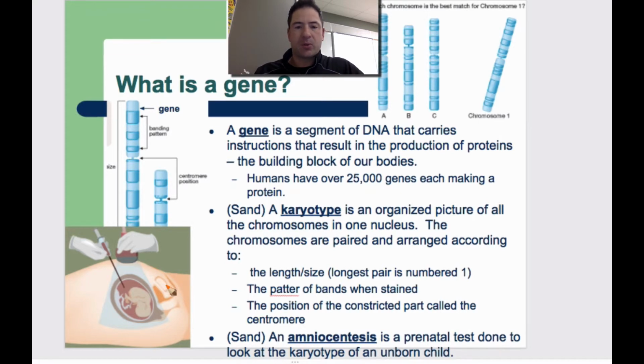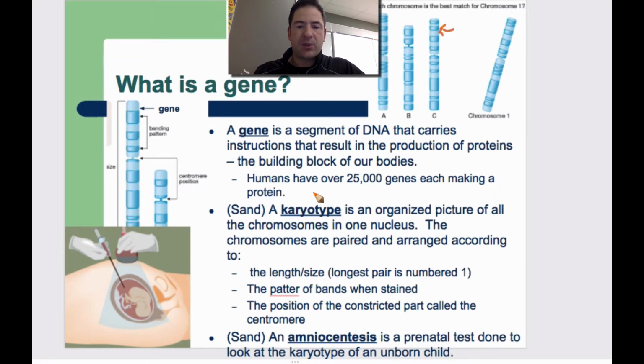All these proteins, approximately, I believe it's 30,000 or more proteins in our body, come from these genes. Again, each gene is located on a chromosome, and you're going to notice that these chromosomes look different. Each one of these stained images is a gene, and it's going to code for a different type of protein to be produced.